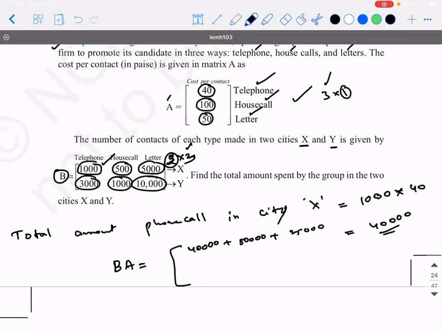Yeah, 250,000. Is it not 250? Yes, sir. 250,000. And next, telephone, the second case is 12,000. Then you have 100,000, that is 1 lakh. And the last one you have 5 lakhs.